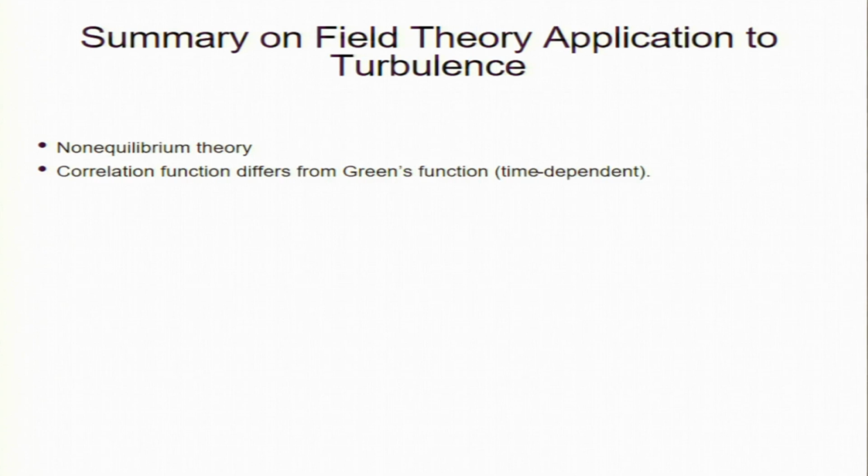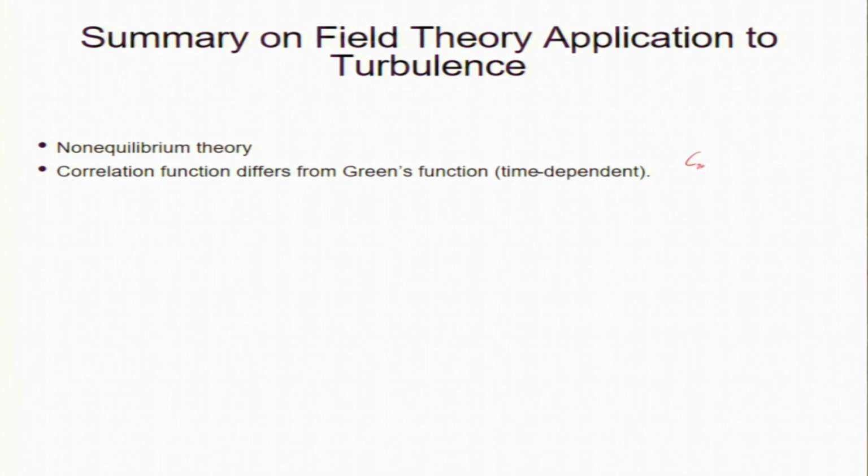Now, let us summarize the field theory application to the shell model. In non-equilibrium theory, when I have non-zero flux, the correlation function differs from the Green's function. We saw that in our computation.